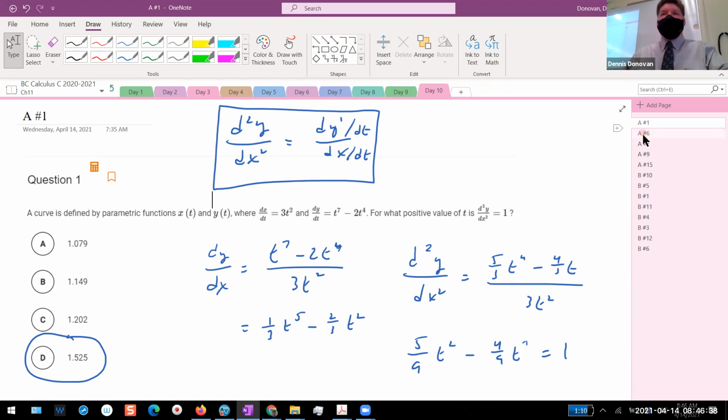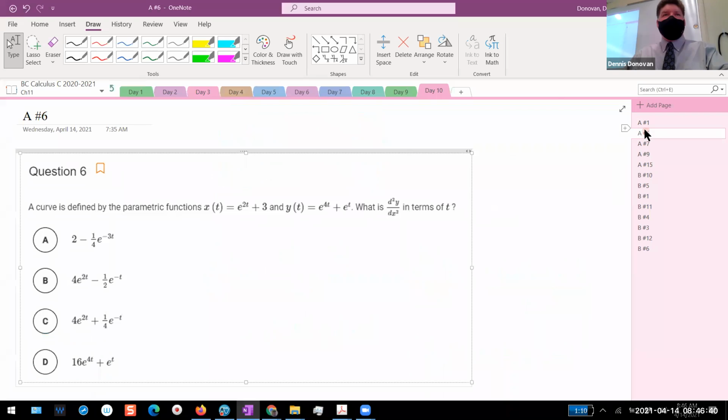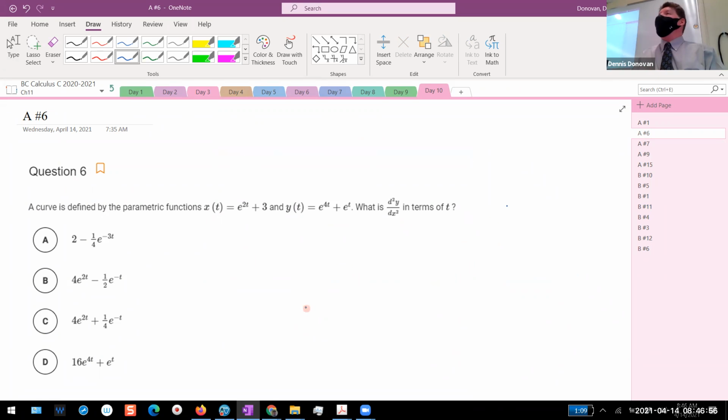All right, next up is number 6. We have a curve defined by the parametric functions x and y. What is the second derivative of y with respect to x? So again, same thing. Here we have to find dy/dt and dx/dt, right?